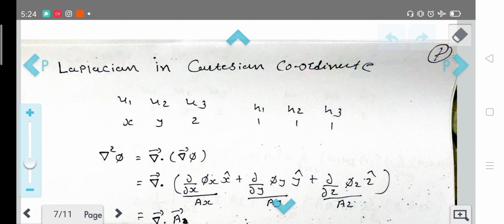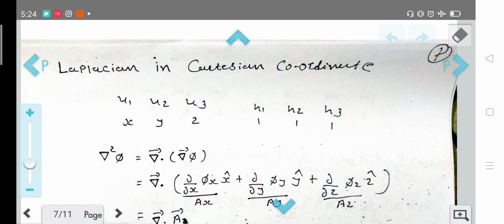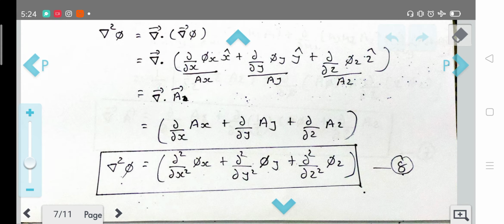Here we are going to consider this term as vector A, so this will become the x component, this will become the y component of A, and this will become the z component of A. In the divergence of A, we will get del by del x of the x component of phi plus del by del y of the y component of phi plus del by del z of the z component of phi.